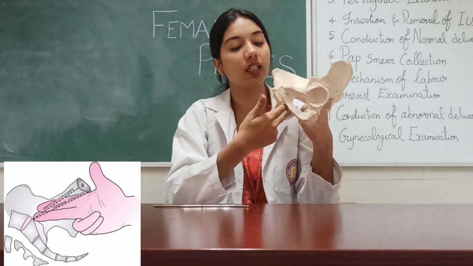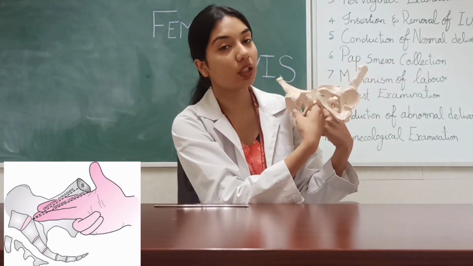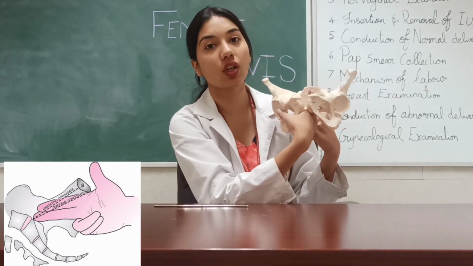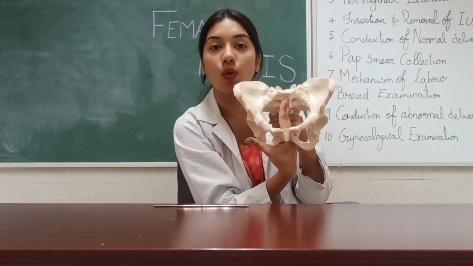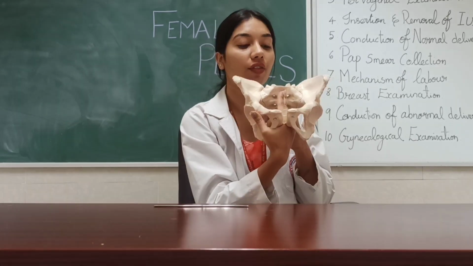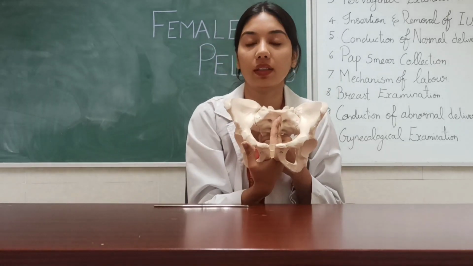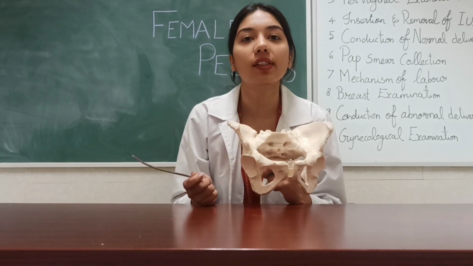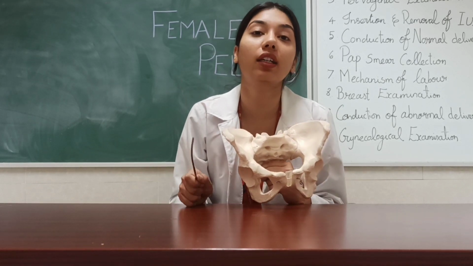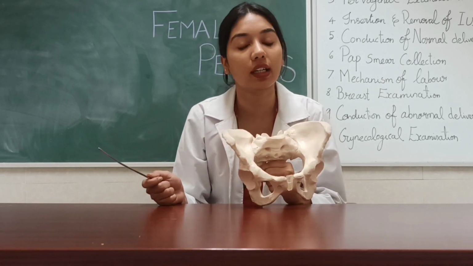If we insert these fingers from downward to the symphysis pubis and touch the sacral promontory, we can get to know the diameter. If it is 13 centimeters, we subtract 1 to 1.5 centimeters and get our obstetrical conjugate, that is 10.5 centimeters.